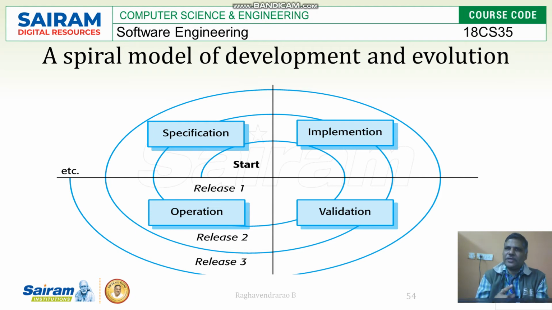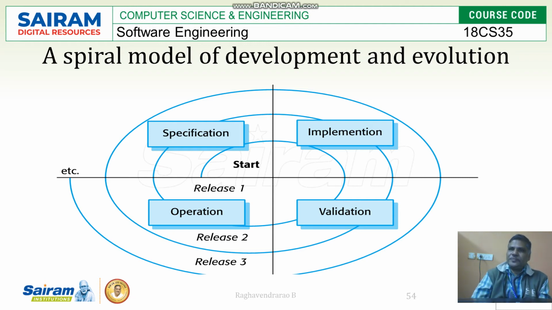Again it goes for new implementations, or the existing implementation only needs modification, then that specification will be added, then again implementation, validation, operations. So it is a continuous process. That's why your project will always be release 1, release 2, release 3, like that. Some patches will be given for those things, so that your system gets updated in the proper manner, otherwise it is going to hang.